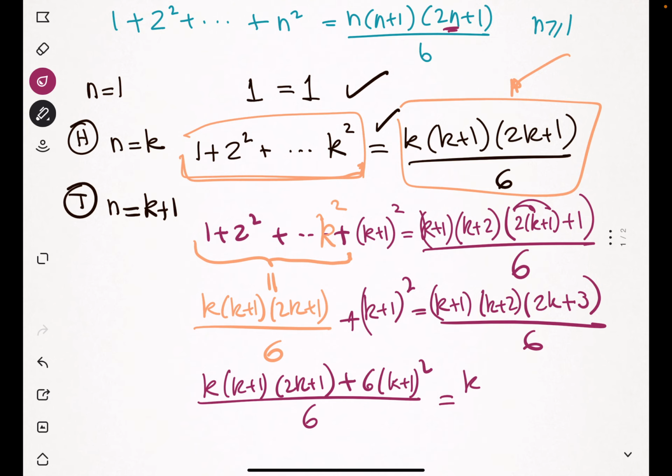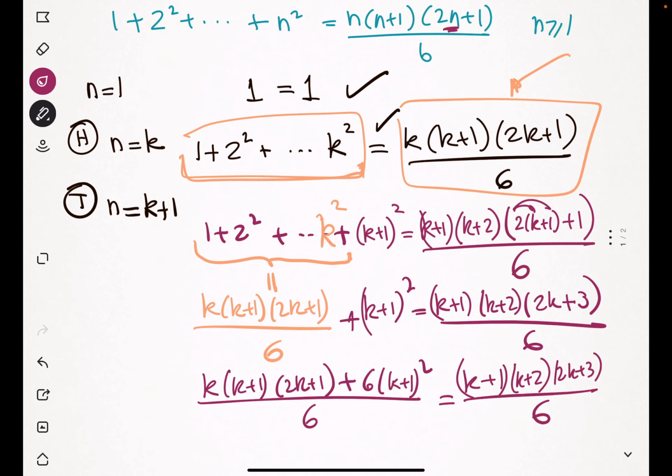On the other side, for the moment, I just copy it as it is, because at each step you should be looking at whether what we have on both sides is the same or not. So I copy here, let me see if I have room to write everything, k plus 1, k plus 2, 2k plus 3 over 6.